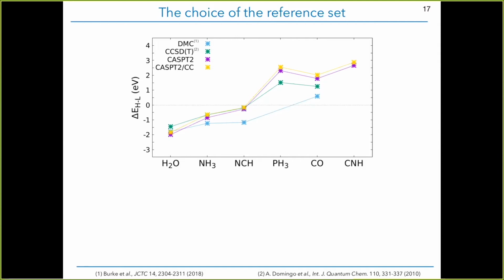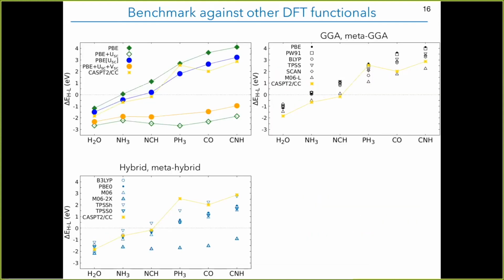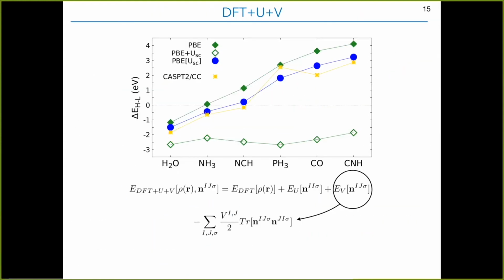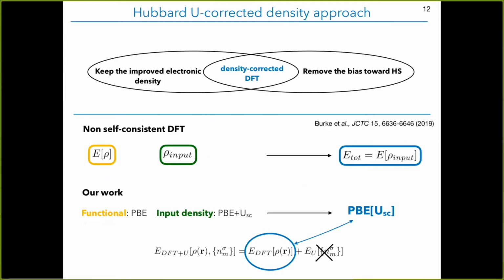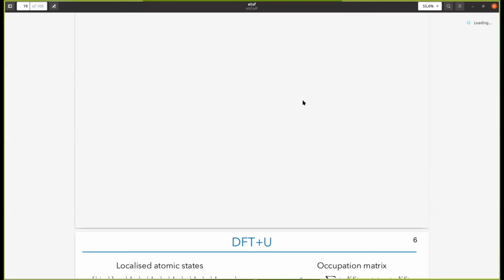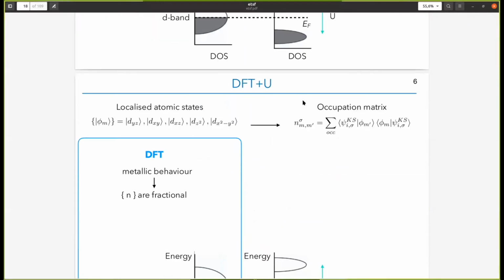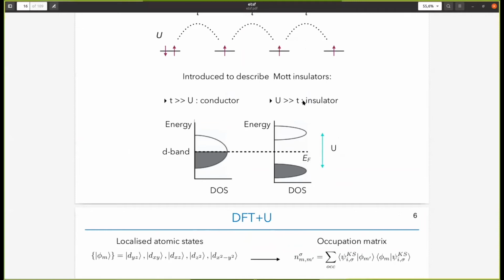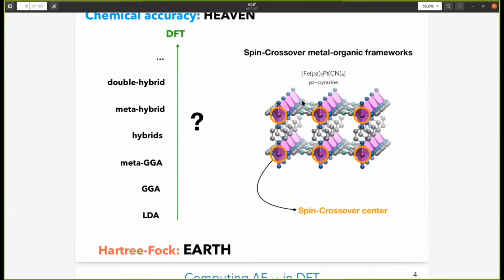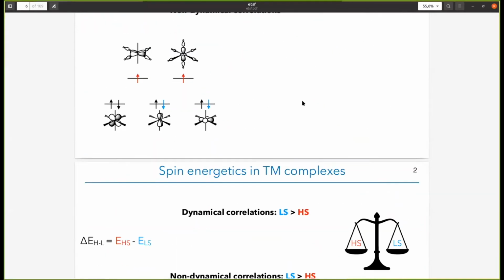In fact, coupled cluster theory is in principle also able to capture what we call static correlation if we go to higher orders. So going back to this point.